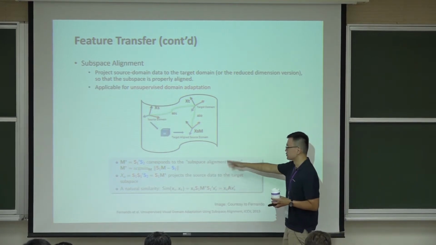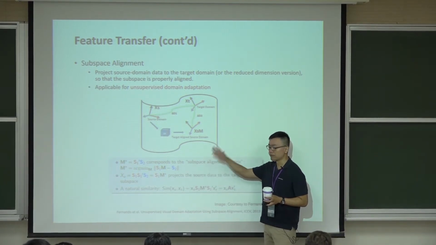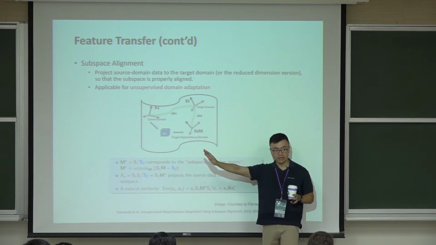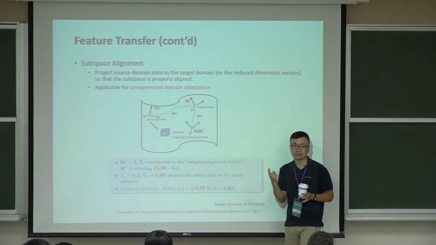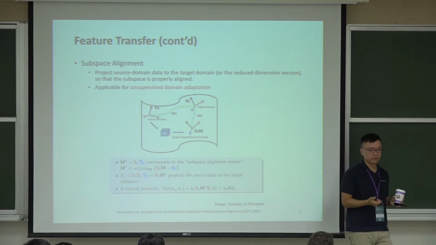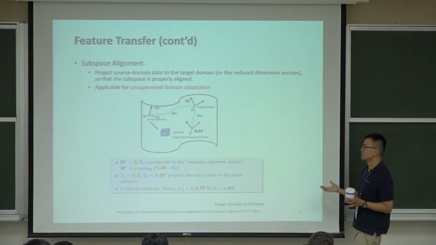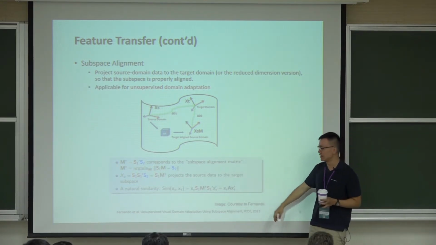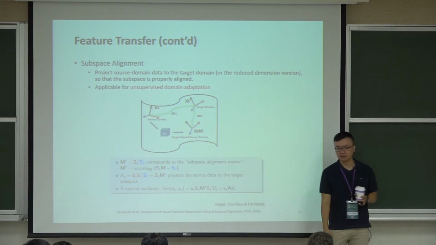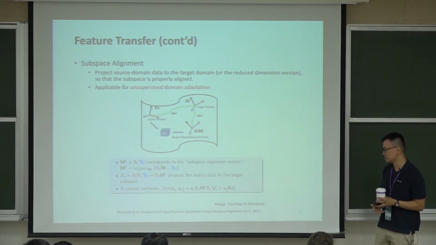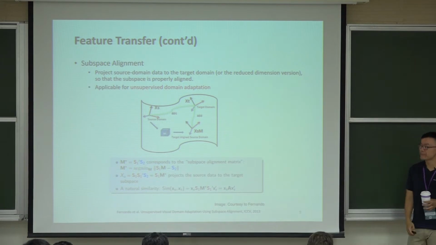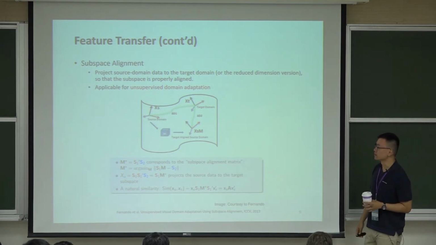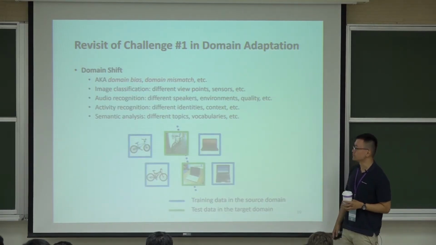So this is a straightforward conversion from mapping data from one domain directly to the other. And after the projection, because they do have the label information for source domain data, or for specific selected data, they can enforce this similarity loss or the distance loss to make things happen. Okay, so this is one example for feature transfer.